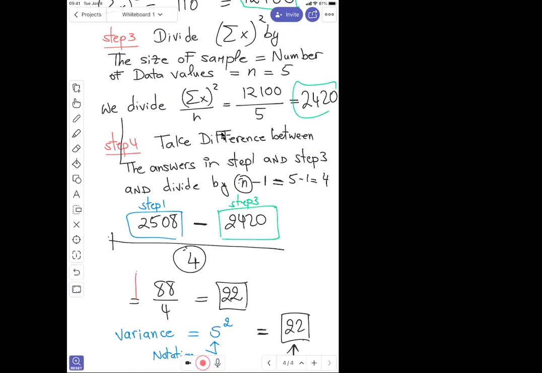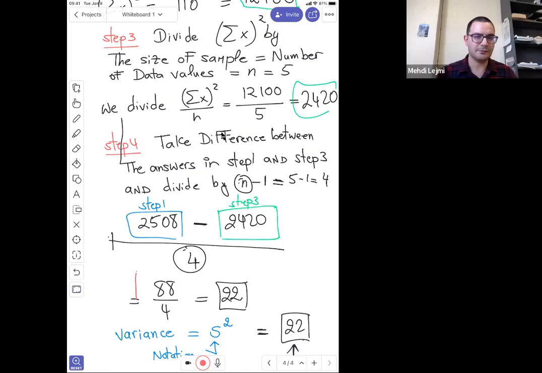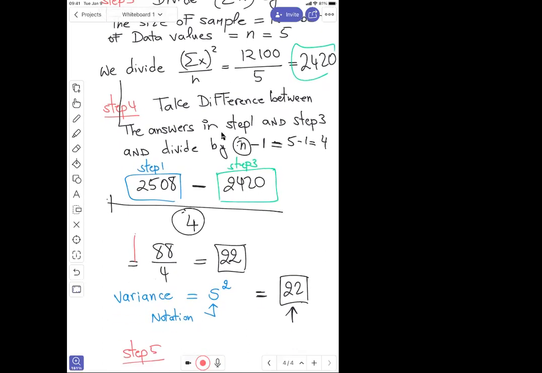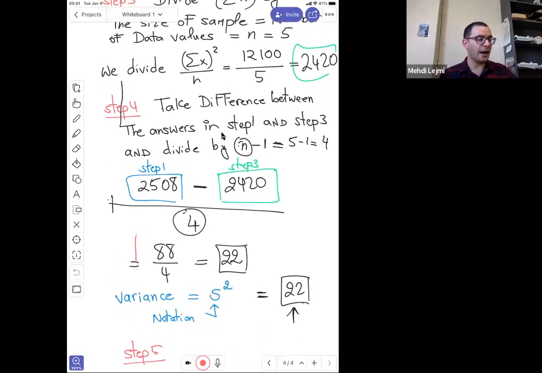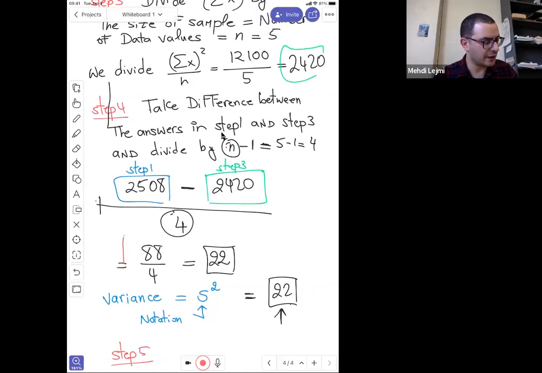Divide by the size of the sample, you said? Yes, minus 1. You don't divide by 5. We divide by 4, which is 5 minus 1.